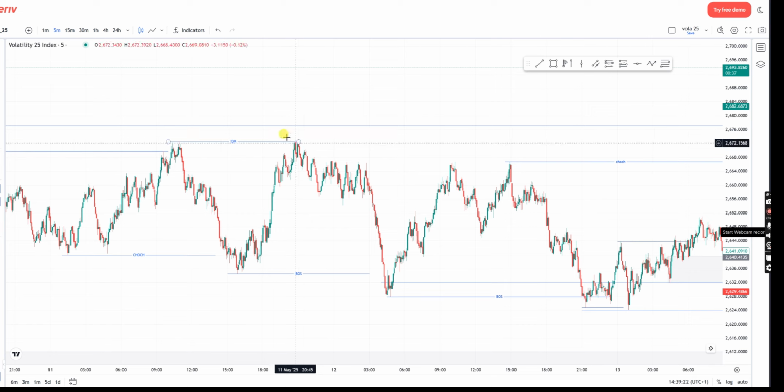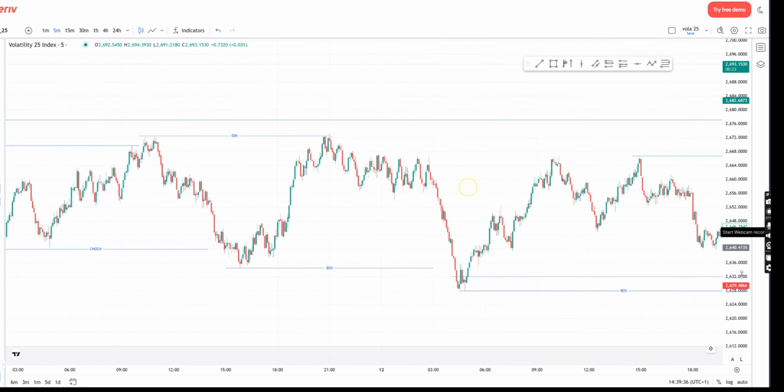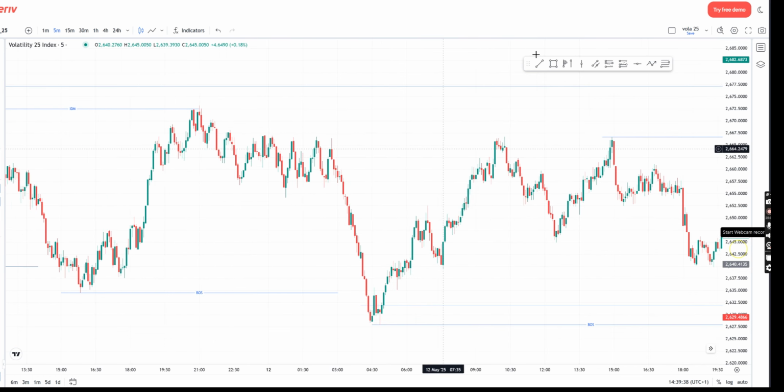So after taking that liquidity sweep there, you now have what? You now have a break of structure here, one, and then we have another break of structure here, two. So now, see what I'm saying here. First break of structure here. What do we have? Here we have a structural liquidity.